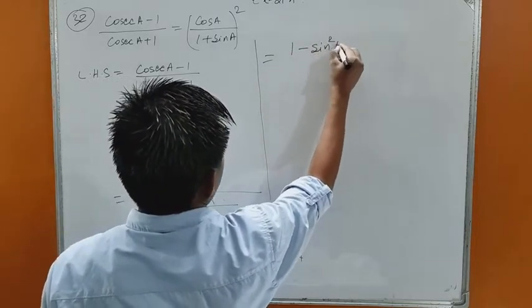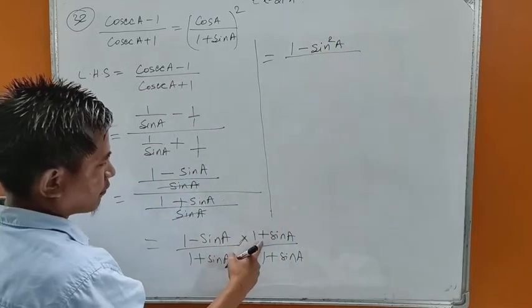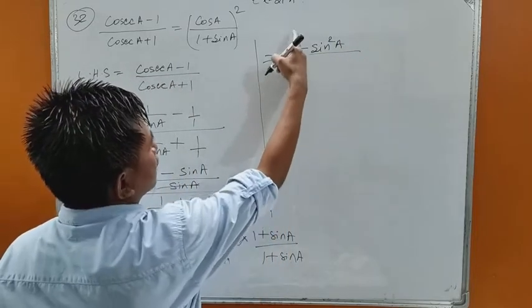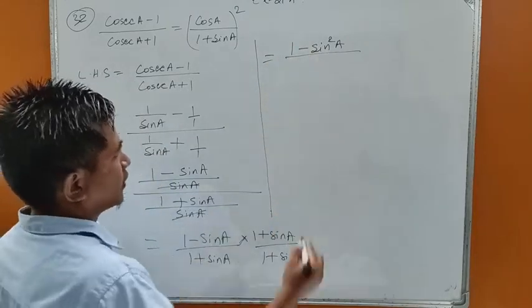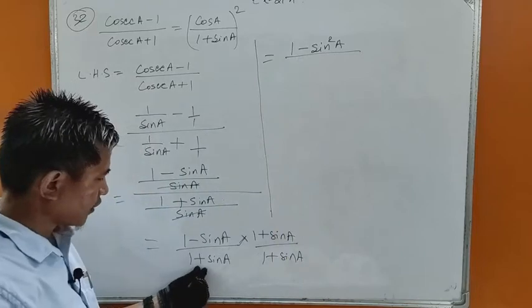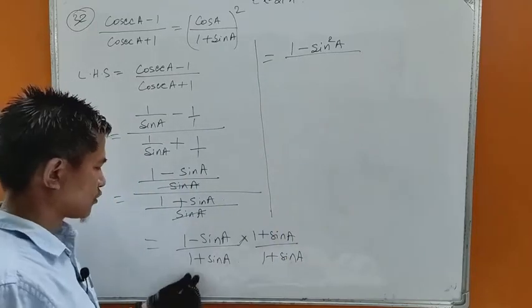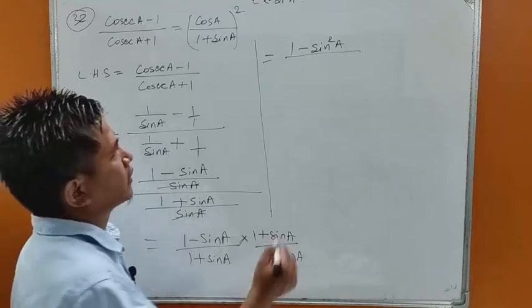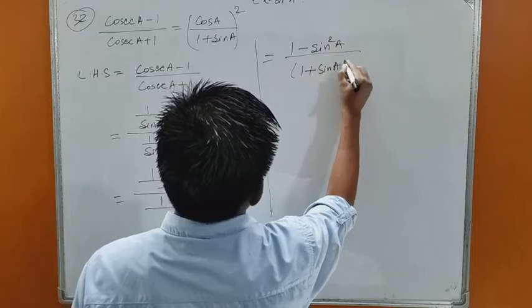1 minus sin square A, isn't it? A minus B into A plus B means A square, 1 square is 1, minus B square is sin square A. And in the denominator 1 plus sin A into 1 plus sin A, the same thing, A into A is A square. So 1 plus sin A into 1 plus sin A is 1 plus sin A whole square.